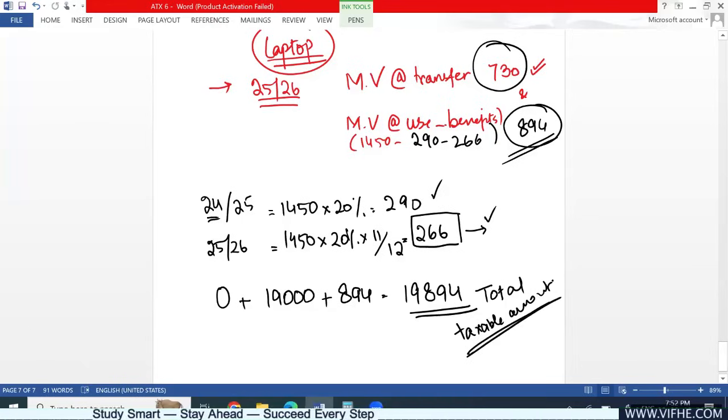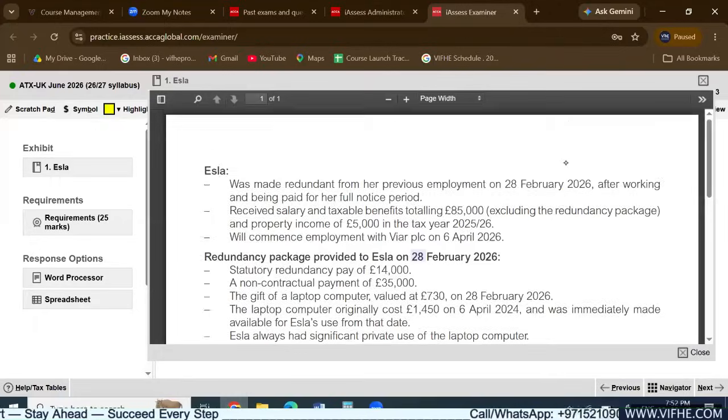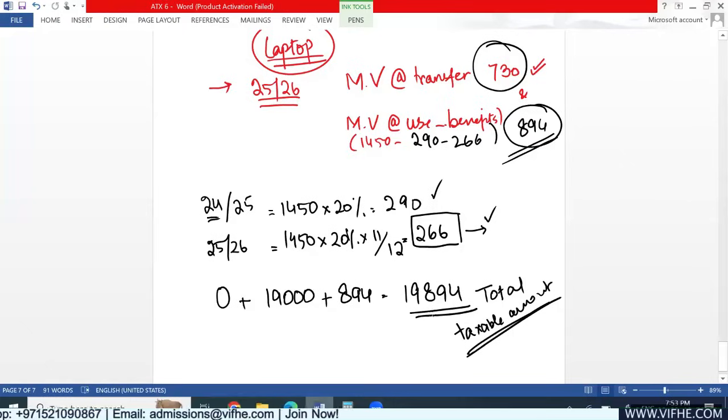So see, Esla being a higher rate taxpayer, it is mentioned over here because excluding her salary and this redundancy package, she was receiving 85,000 pounds, which clearly indicates that she is a higher rate taxpayer. And if an incremental 19,894 is included in her income tax computation, she will obviously be paying tax further at the rate of 40%.